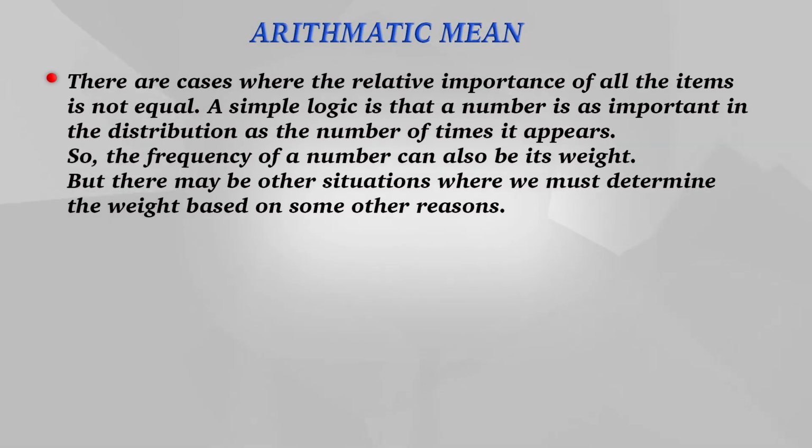So, there are some cases where the relative importance of all items is not equal. A simple logic is that a number is as important in the distribution as the number of times it appears. So the frequency of a number can also be its weight, but there may be other situations where we must determine the weight based on other reasons.